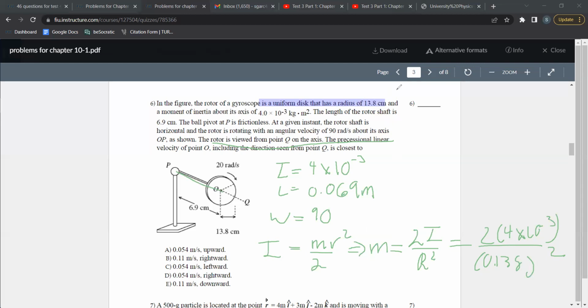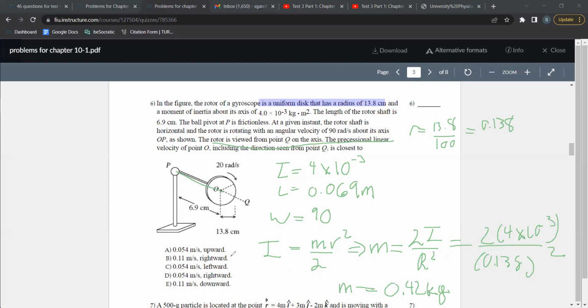We're given our radius as 13.8 centimeters, you divide by 100, so 0.138. All right, so now if we fully divide that, our mass is going to equal 0.42 kilograms, and we are not done.